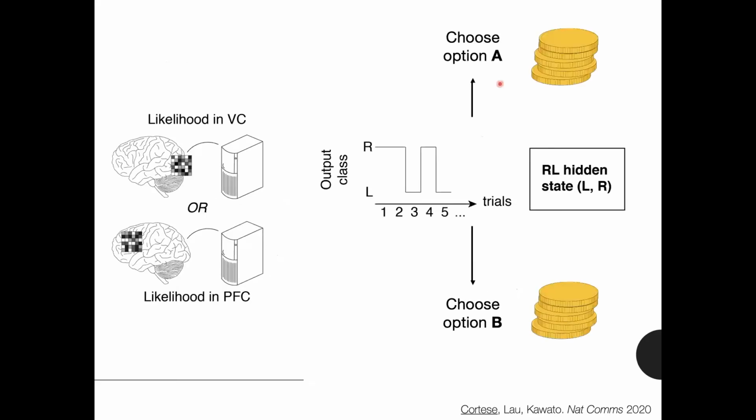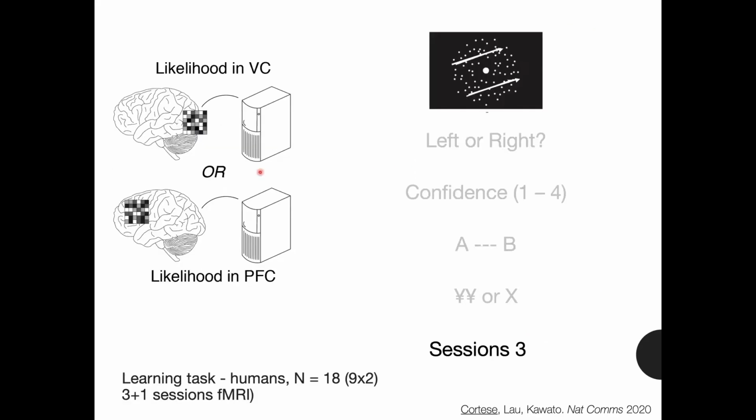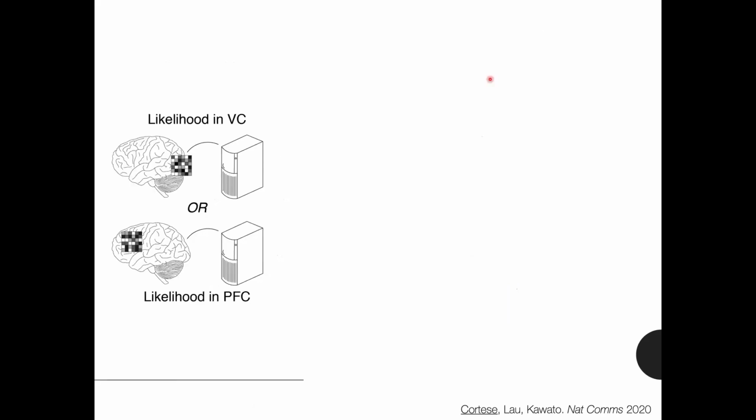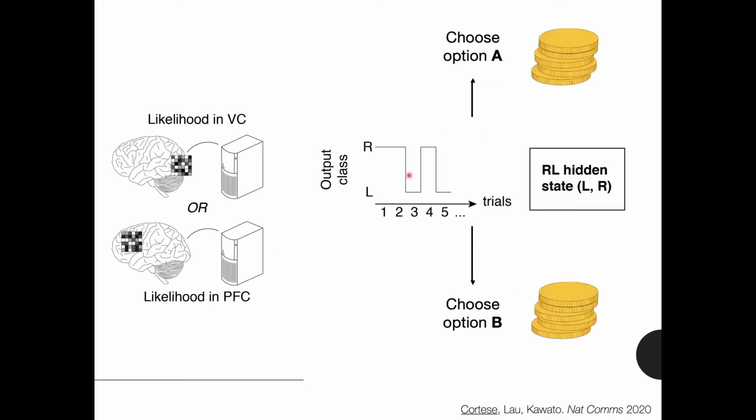The reason is because by using these machine learning decoders during the task, not even when participants see, but just before they see this noise stimulus, we measure the brain activity in an intertrial interval, and we can use the decoder output to define this hidden state for the task.